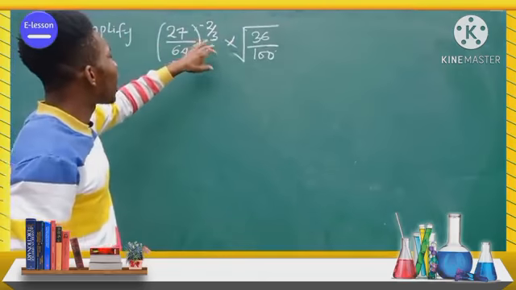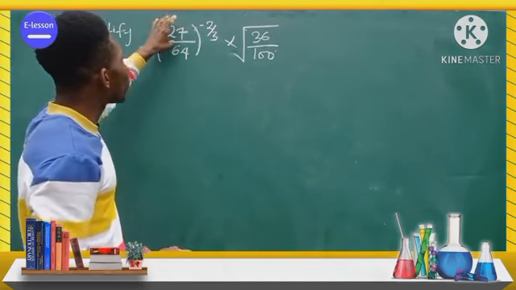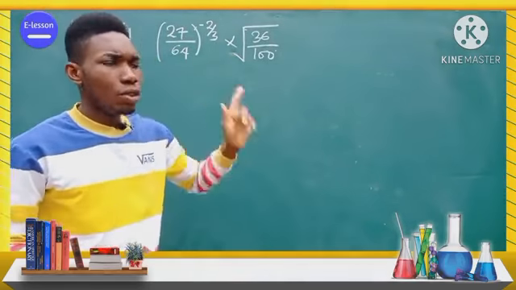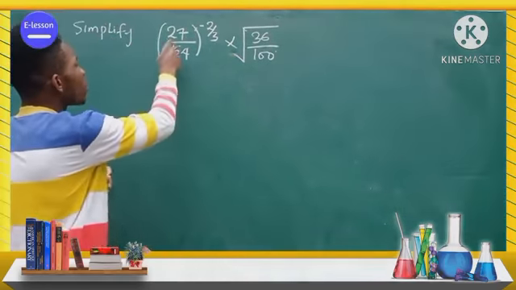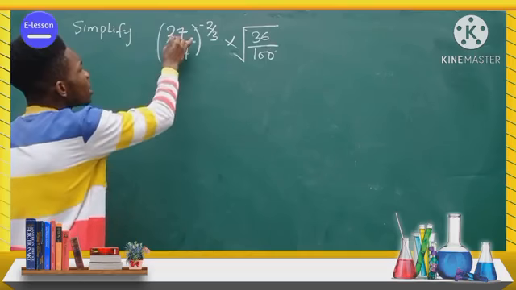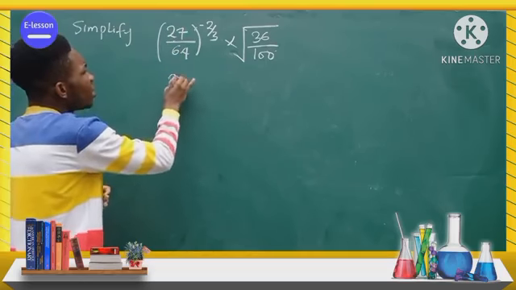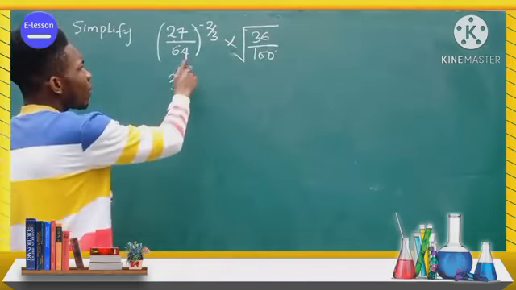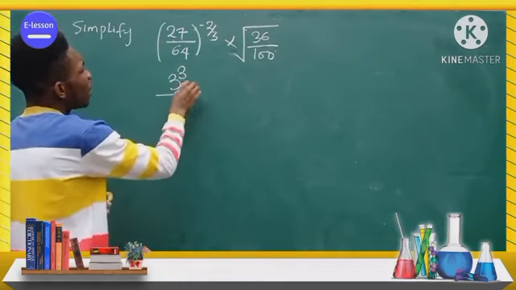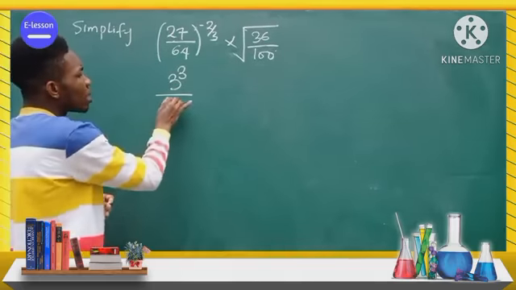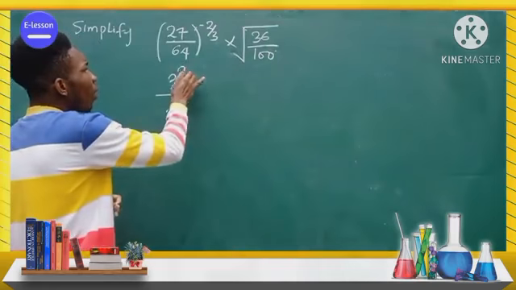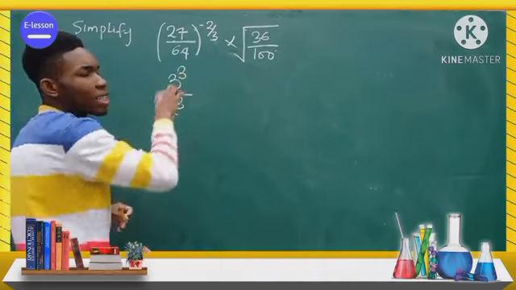So if you are writing the index form of 27, we must make sure that what we are raising to the power must be 3. The index form of 27 is 3 raised to the power of 3 to give us 27. We discover we had 3 here, divided by the index form of 64, which is 4 raised to the power of 3. You discover that all of them have 3 because we have 3 at the denominator here.